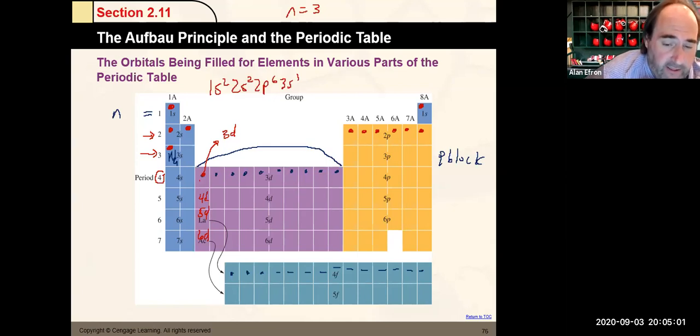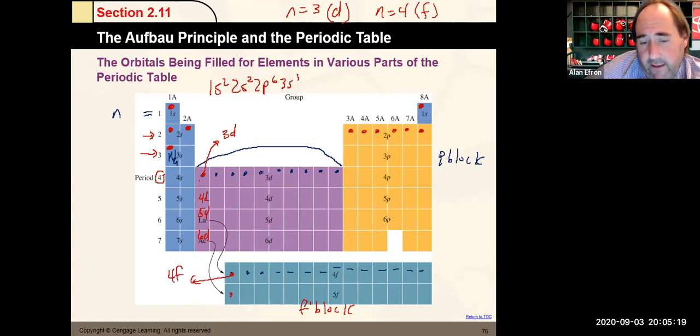And if you remember down here, which is our F block, the F's don't appear until the 4th energy level is when we first start to see the F's. That means that this one right here is technically 4F, and this one right here is 5F.